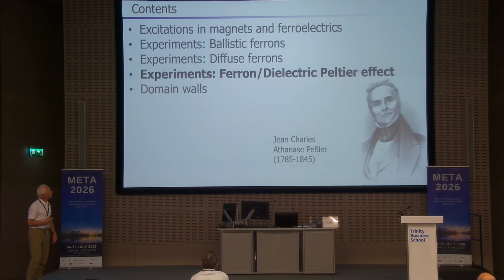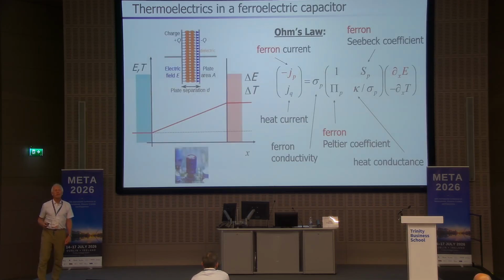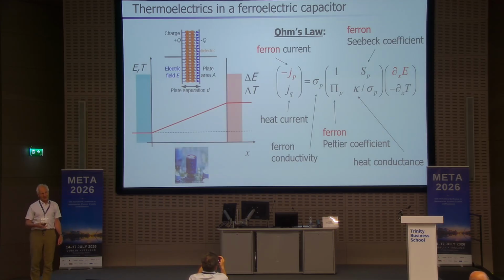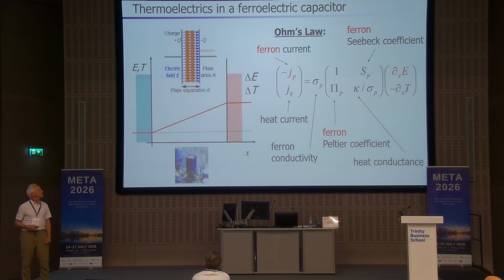Okay, next I would like to discuss the thermoelectrics of these materials, especially the ferron dielectric Peltier effect. Now, what happens if you try to do transport experiments on a ferroelectric condenser, which is an insulator, right? You would say, okay, there are no charge currents.